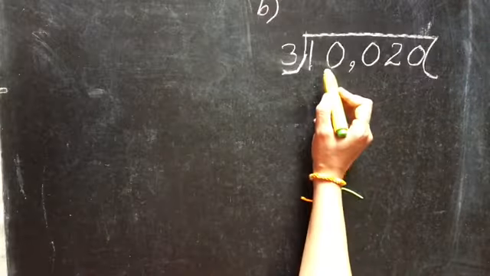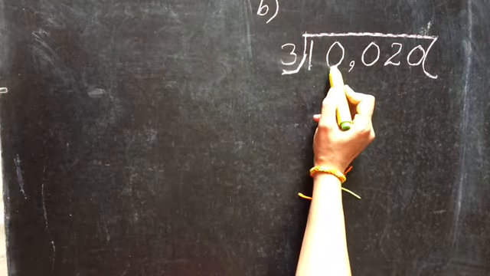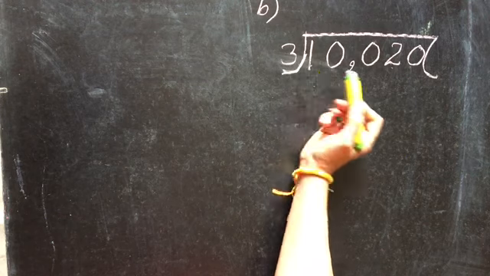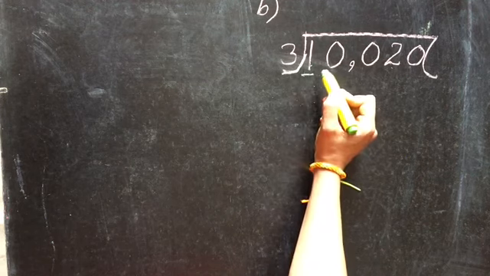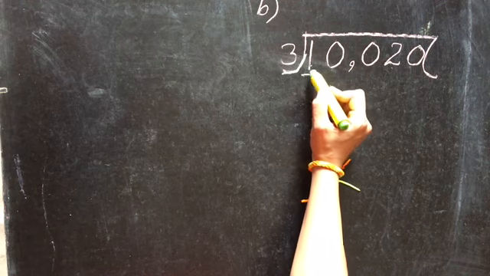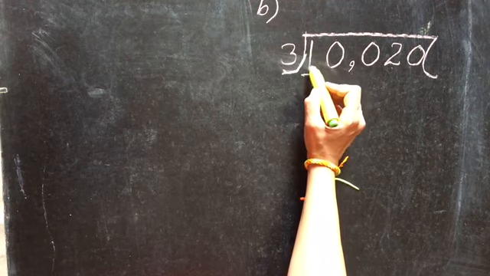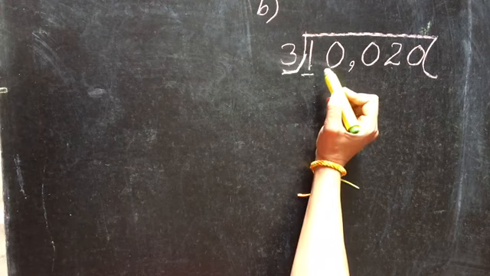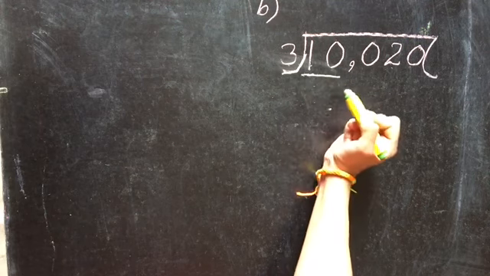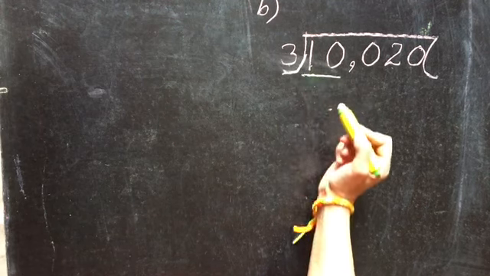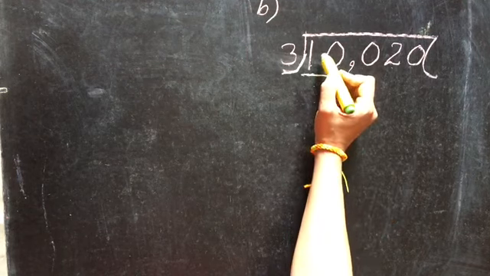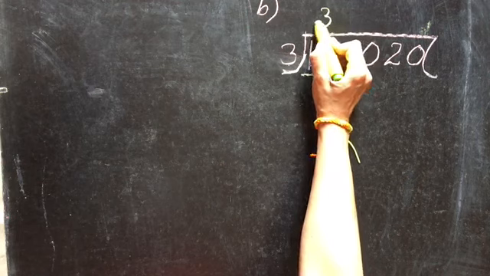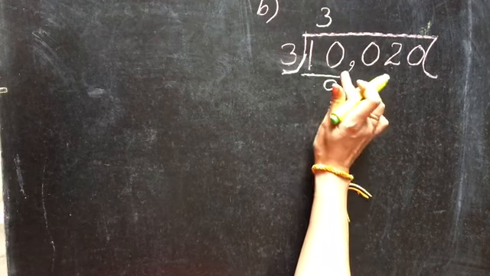Now another example, 10,020 divided by 3. So here also we will start with the number which is at the highest place value. This is 1, but as you know 1 does not come in the table of 3. So we will take 10. Now a number less than 10 comes in the table of 3, which is 3 3s are 9, fine.